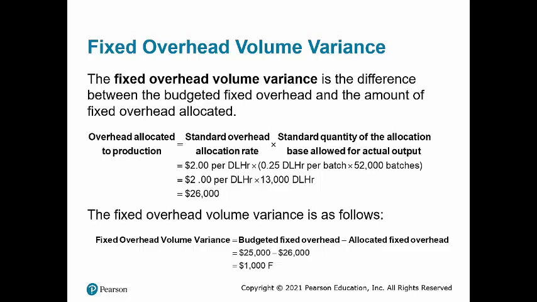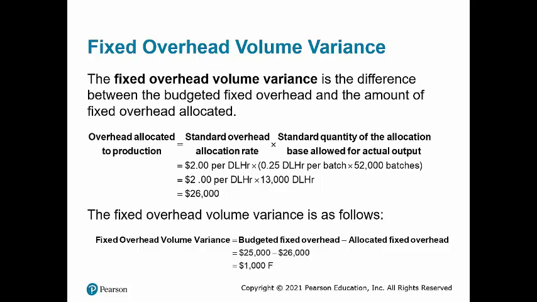Using the standard overhead allocation rate for fixed overhead that we previously calculated, fixed overhead should be allocated at $2 per direct labor hour, and each batch of crayons has an efficiency standard of 0.25 direct labor hours per batch. Therefore, the amount of fixed overhead allocated is $26,000.